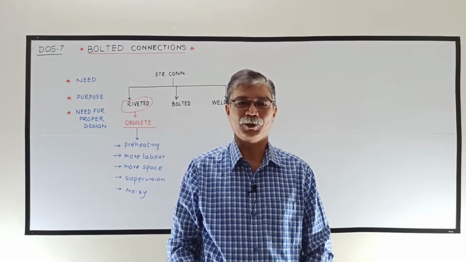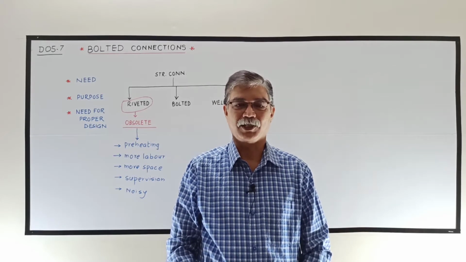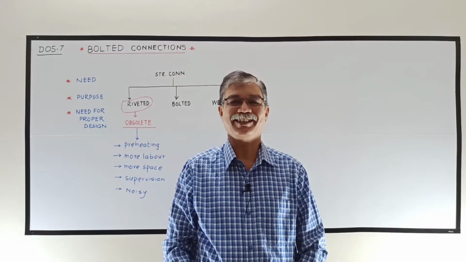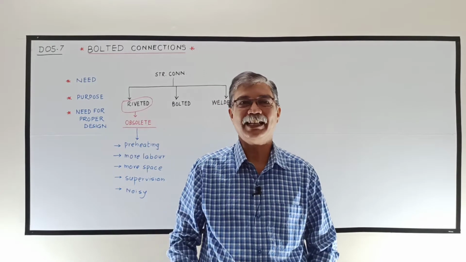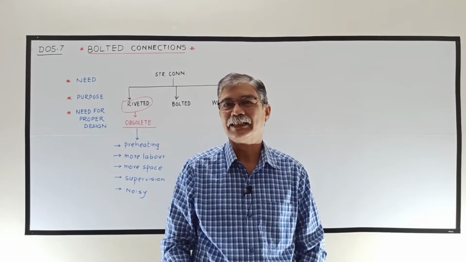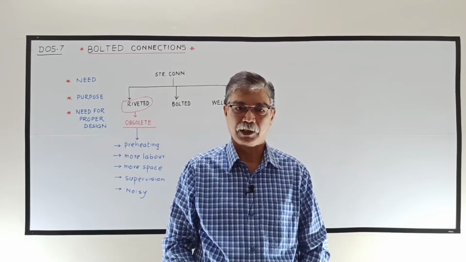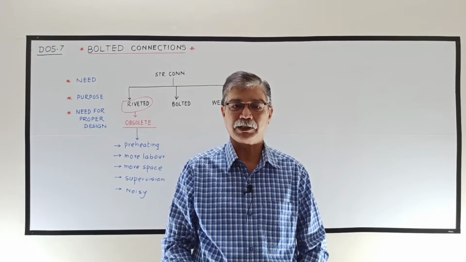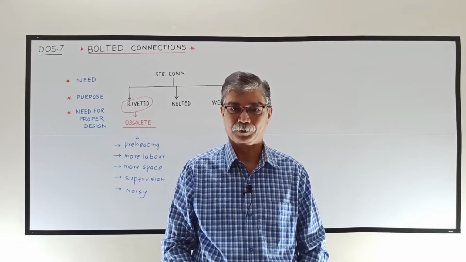In this video, we will start with the next unit, that is bolted connections. Now whenever any structure is built, it has a number of members and those members are necessary to be connected to each other.